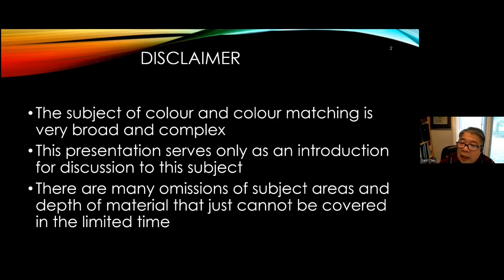Just as a disclaimer, the subject of color is really complex and broad, and this presentation is just an introduction for discussion of this subject. The reason why is when people talk about color, I usually cringe.